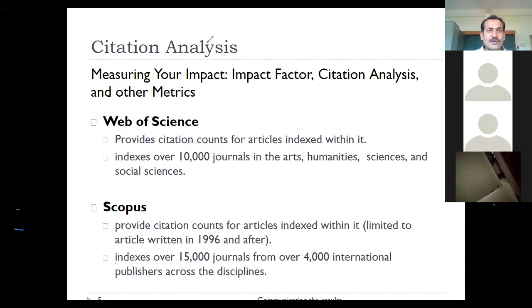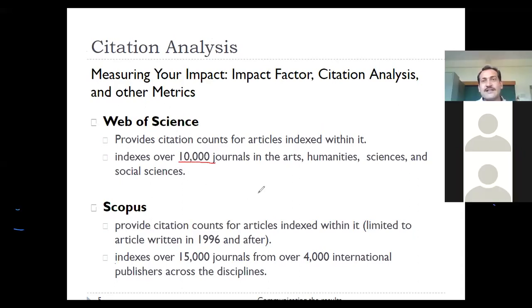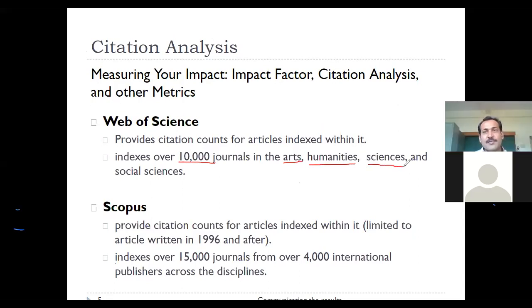So more than 10,000 journals are published, and they belong to all of these disciplines. Some journals are from the arts, some from the humanities, some from the sciences, and some from the social sciences. So whatever articles are published in these 10,000 journals will usually be analyzed for citation counts.